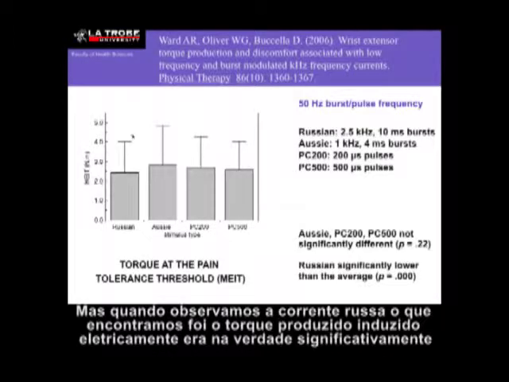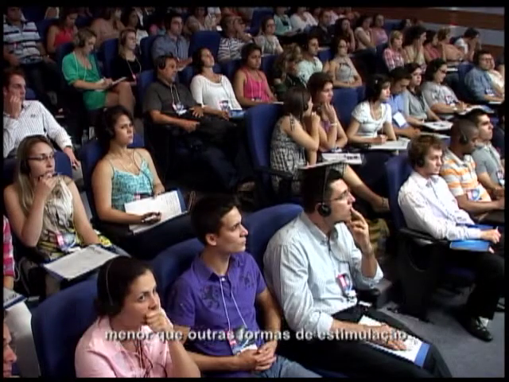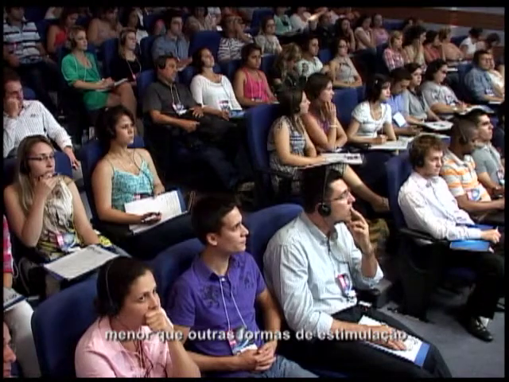But when we look at Russian currents, the maximum electrically induced torque that was produced was in fact significantly less than the other forms of stimulation.